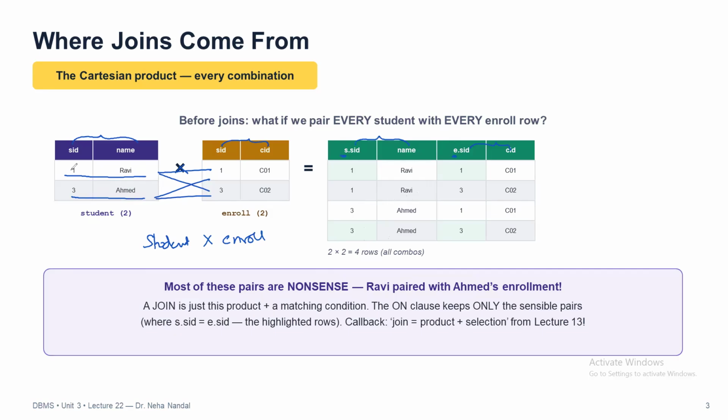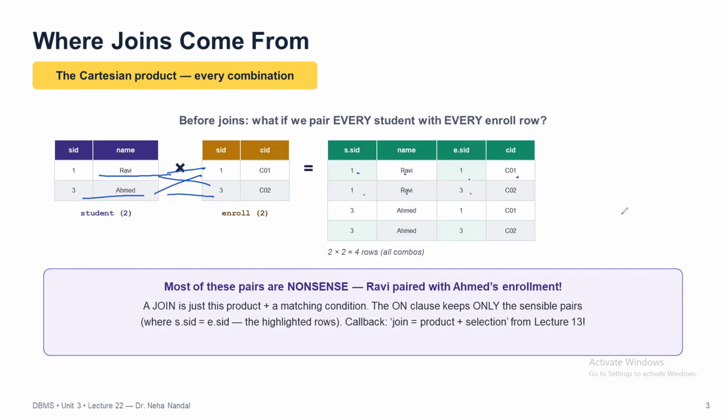So we get 1 Ravi, 1 C01, 1 Ravi, 3 C02, because we combine the first row with both rows. In the same way, when we combine 3 Ahmad with both rows, we get 3 Ahmad 1 C01, 3 Ahmad 3 C02.